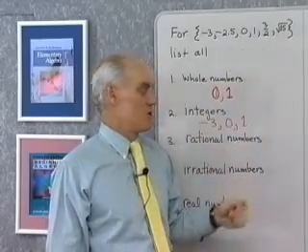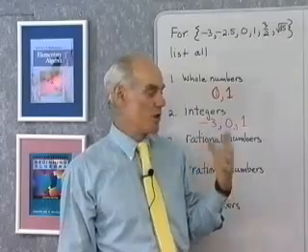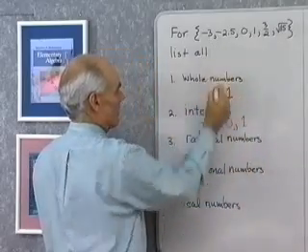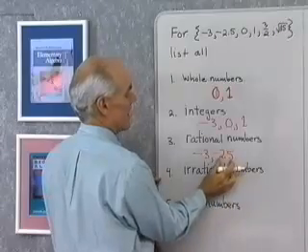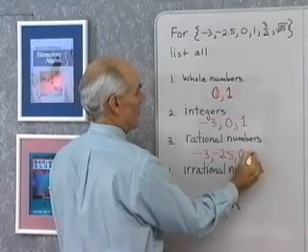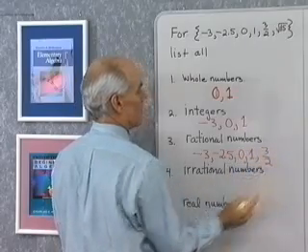Now, rational numbers, those are all the numbers that can be written as the ratio of two integers. So it includes all the whole numbers plus all the fractions. So I'm going to say negative 3, negative 2.5, since that can be written as a fraction, 0, 1, and 3 halves.